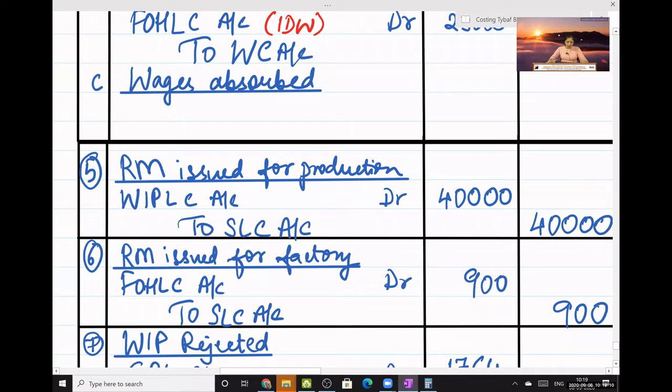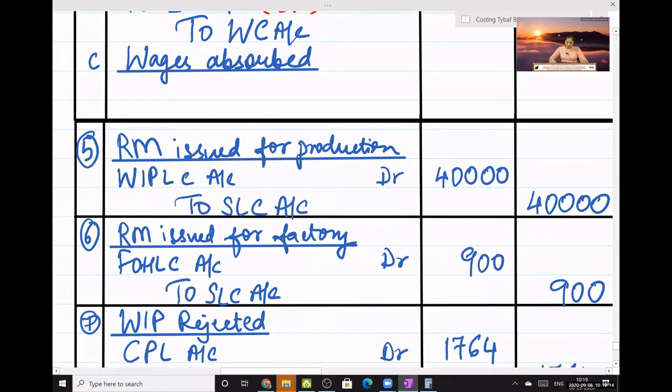That's it. So WIP to SLC 40 and FOH to SLC 900. Okay, am I clear? 5 and 6 you can club also and you can write it separately also, issued for production and issued for factory.